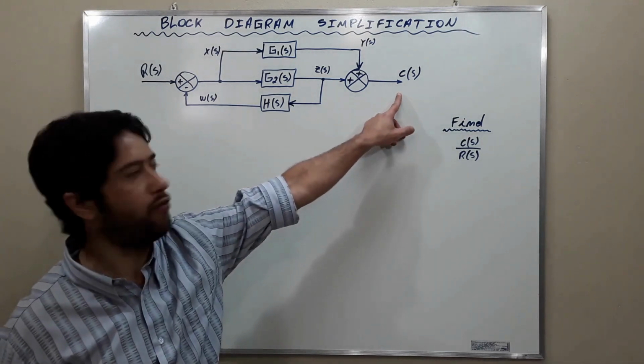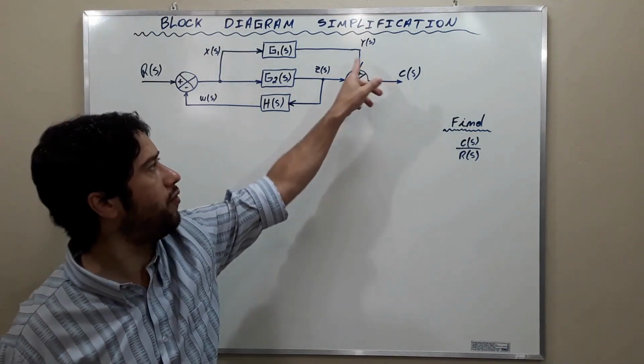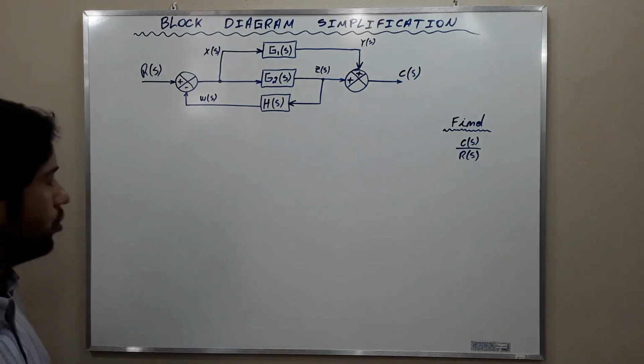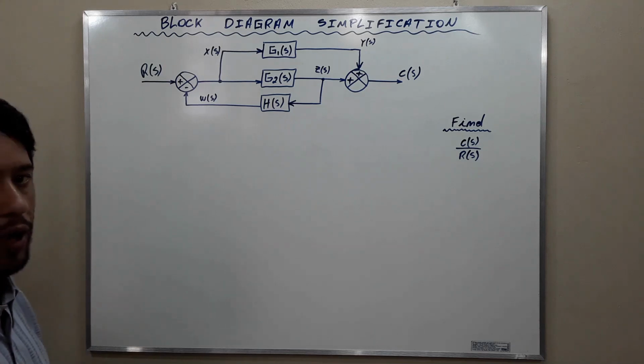Observe that C of S is equal to Y of S plus Z of S. Let's write it here to not lose track of what we're doing.